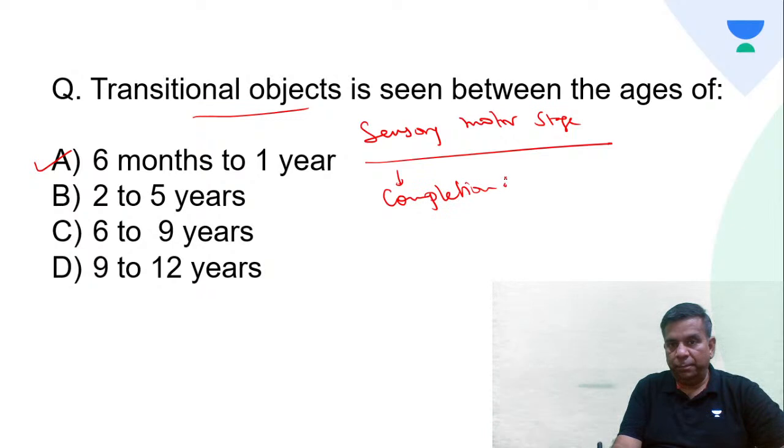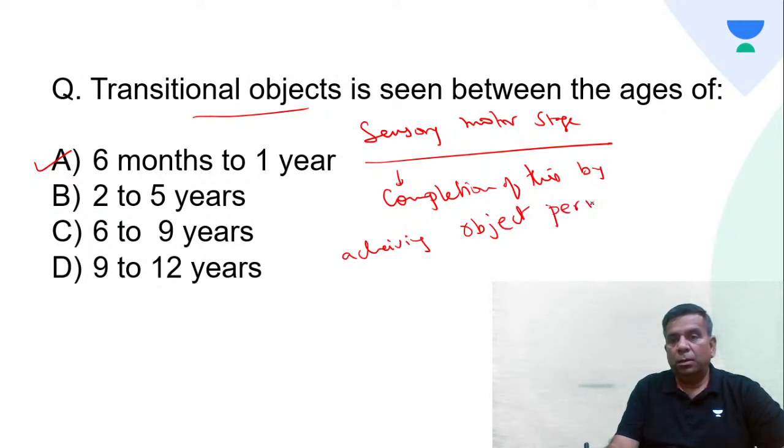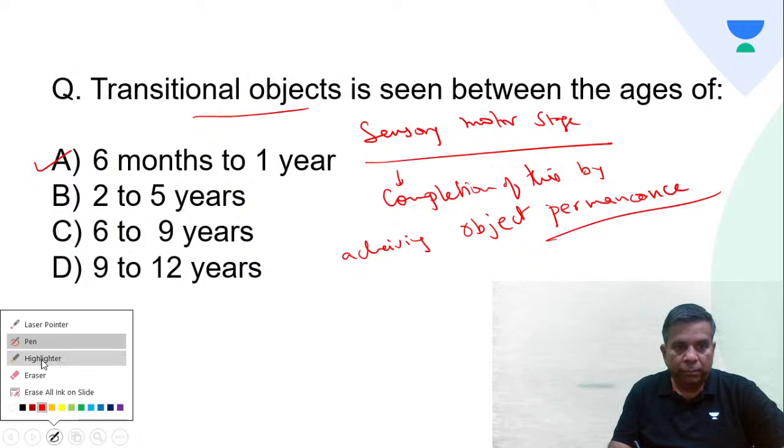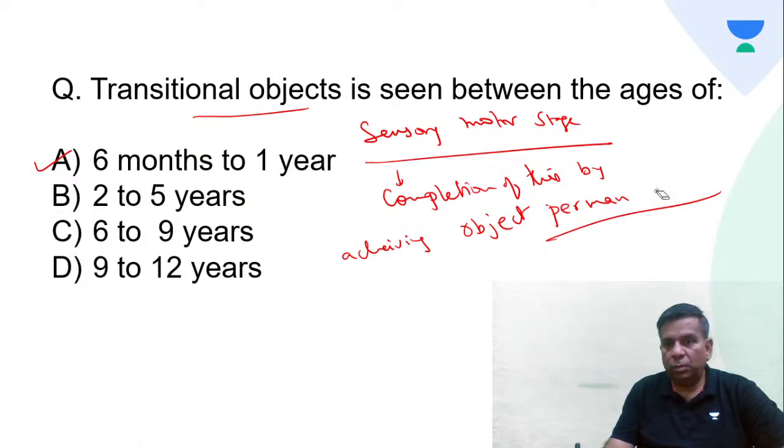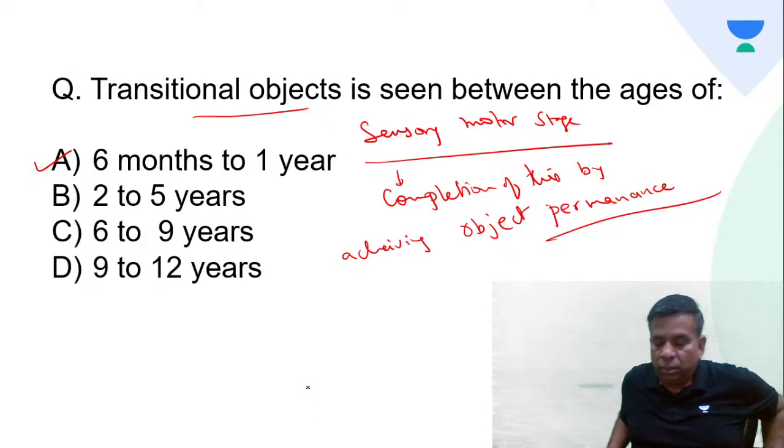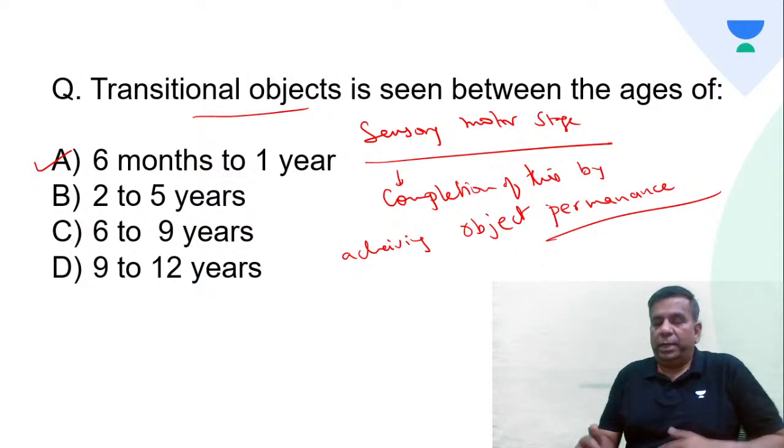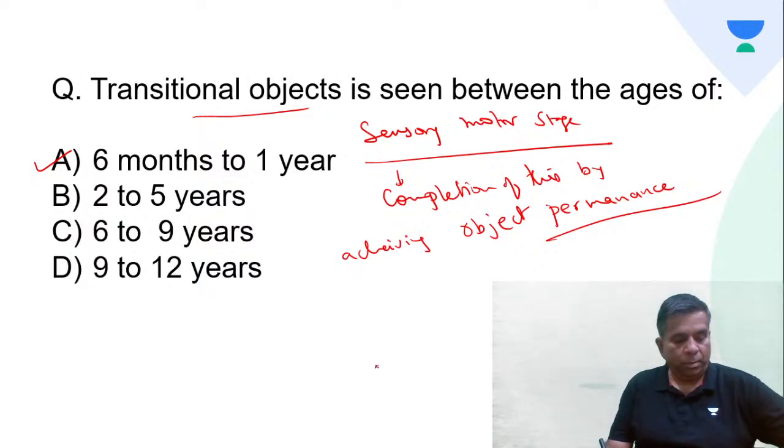Completion of this is by object permanence. So even if the mother is not there, the child will know that the mother is somewhere near and shall be coming back. Okay.